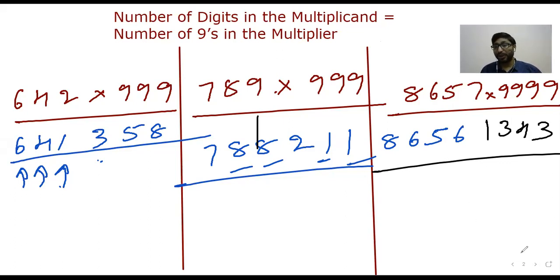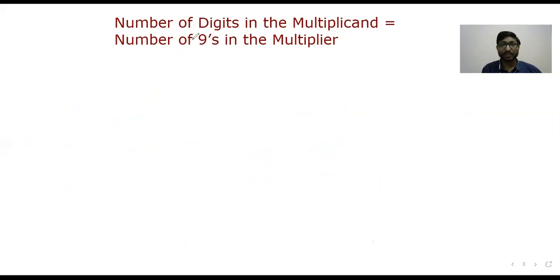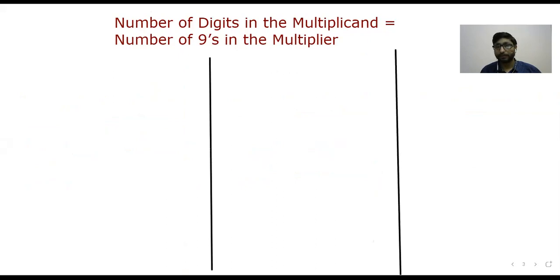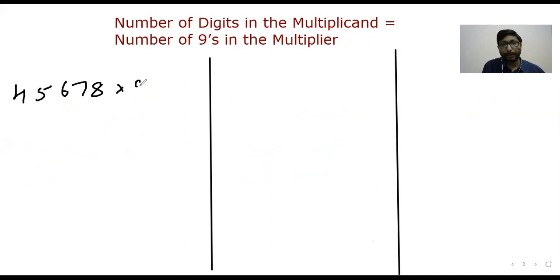Okay, let me go through a little more big numbers. Okay, 4, 5, 6, 7, 8 multiply with 9, 9, 9, 9.